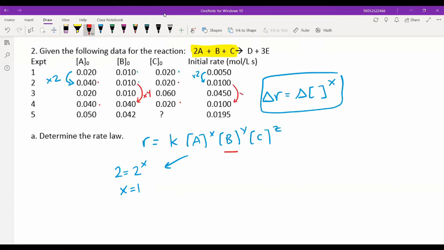And then here, if we divide the rate of experiment 4 by the rate of experiment 2, it's just 1, it's the same number. So when we set this up, the rate change is just 1, or the factor of the rate change. And then we have 4 to the y. So here we get 0.